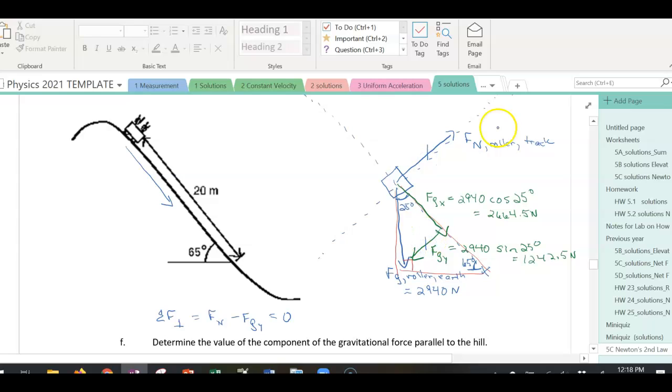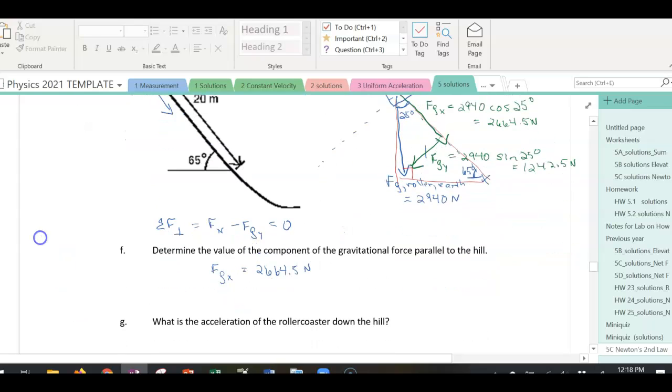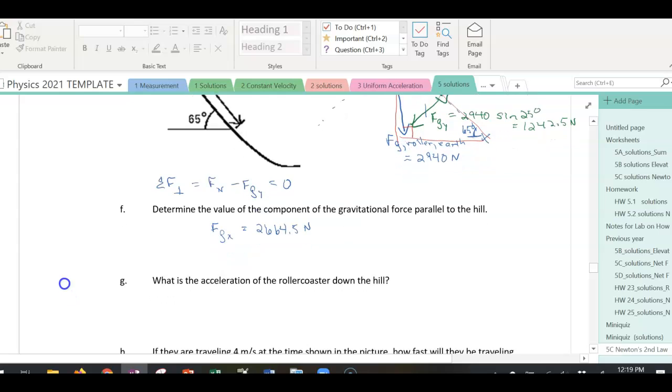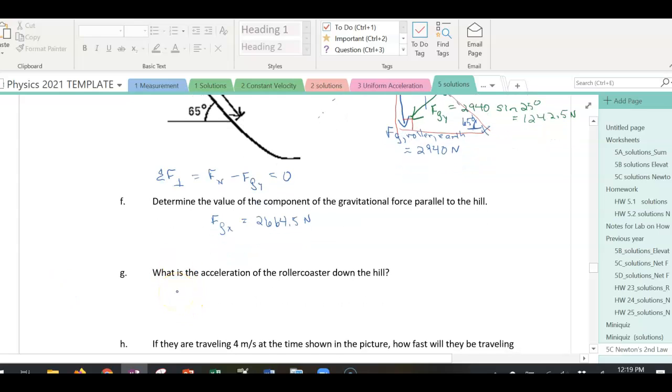So therefore I know that the normal force is also going to be 1,242.5 newtons.